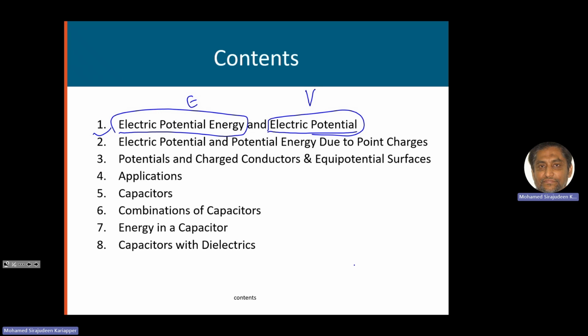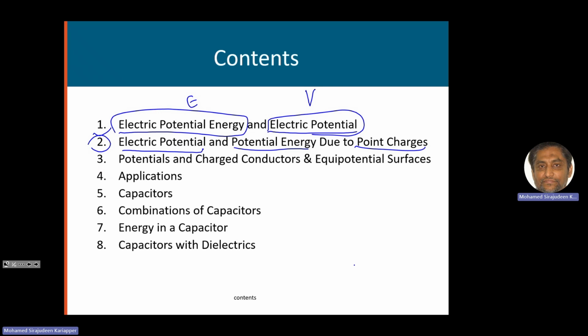We'll introduce this, okay, so we still don't know what they are, but I'm telling you the content of the chapter. Topic number 2, then we'll continue with more details about what we learned, potential and potential energy due to a point charge. Okay, when you have just a small point charge, the electric potential and potential energy associated with this point charge, we will get formulas and so on.